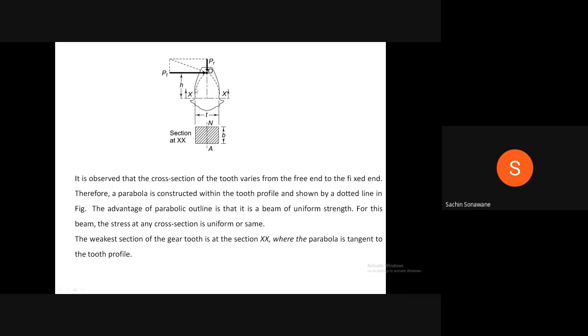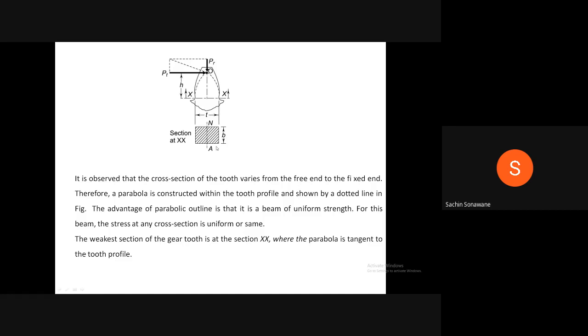This dotted line indicates the parabola, and at the vertex of the parabola, the tangential force Pt is acting at a distance h from the section XX. T is the thickness of the tooth and B is the face width of the tooth.